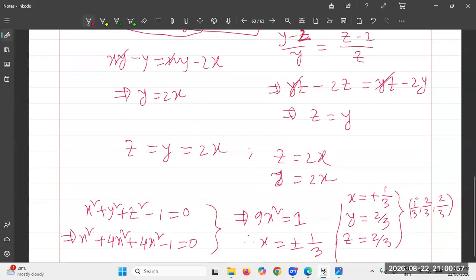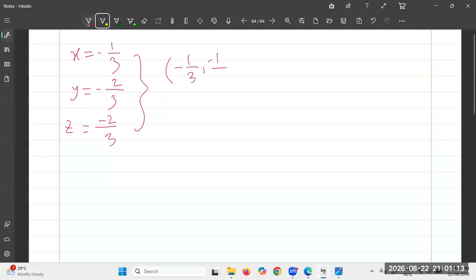And for the negative value of x, when x is negative 1 over 3, y is negative 2 divided by 3, and z is negative 2 divided by 3. So the second point is minus 1 over 3, minus 2 over 3, minus 2 over 3.